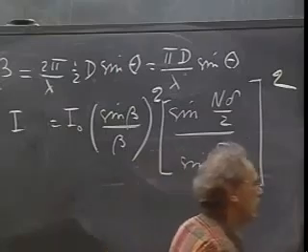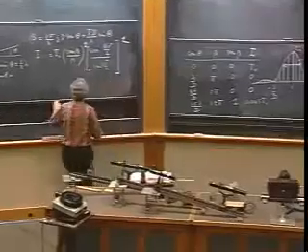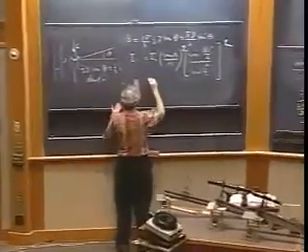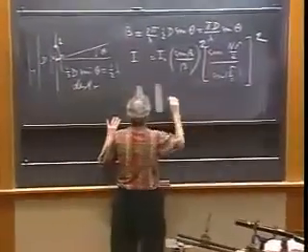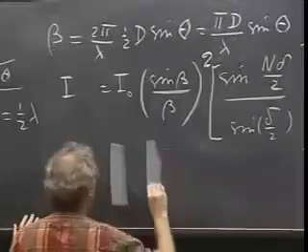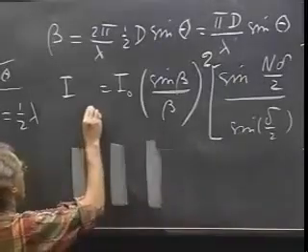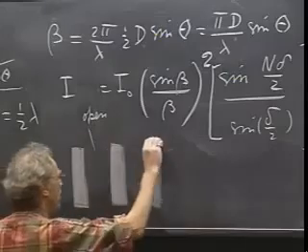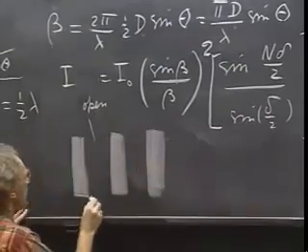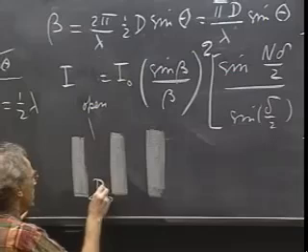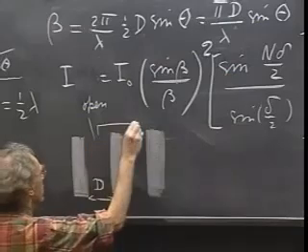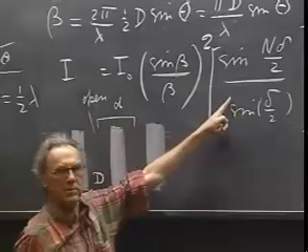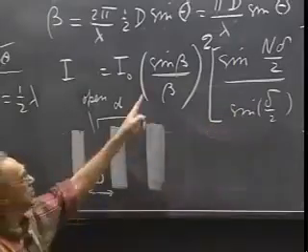To make sure that you understand the difference between the little d and the capital D: if this is my grating, and this is the open area, and this is where the light cannot go through, then the definition of little d is this, and the definition of this is capital D. That little d shows up in here, and this capital D shows up in there.